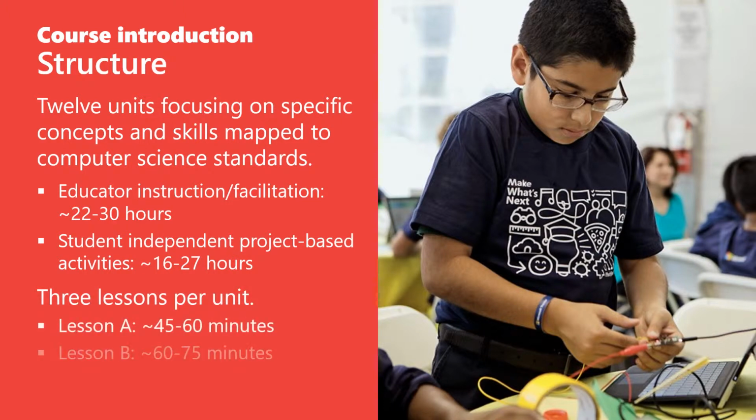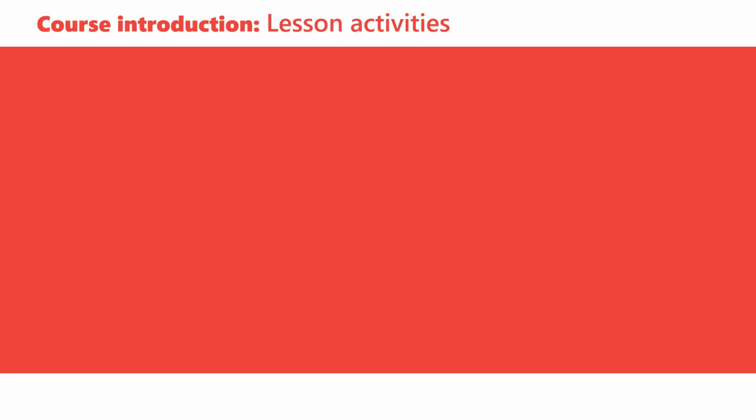Each unit comprises 3 lessons. Keep in mind that the length of each is approximate, and it's intended that they're broken down into as many class sessions as needed. The lessons combine 4 types of activities that complement each other by reinforcing concepts, skills, and opportunities for creativity at different levels.